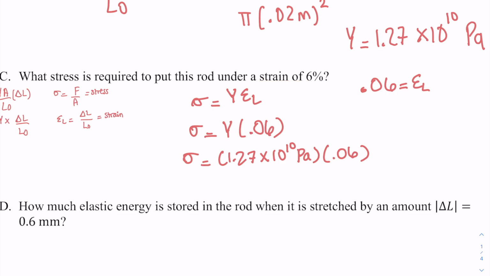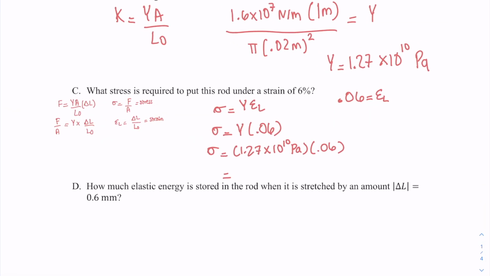And then that should give us what the stress is to put the rod under a strain of 6%. So let me calculate that real quick just to make sure that everything checks out. And then let me know what you guys get as well, just so we can be sure.